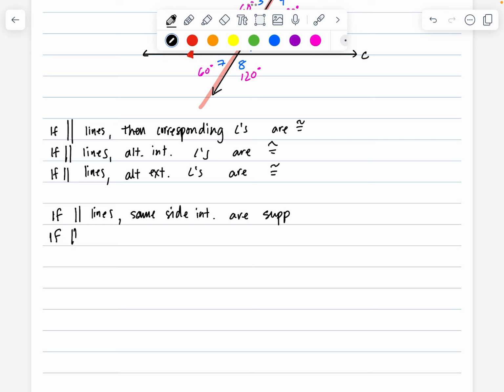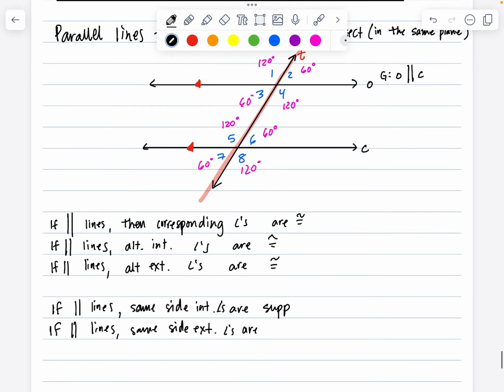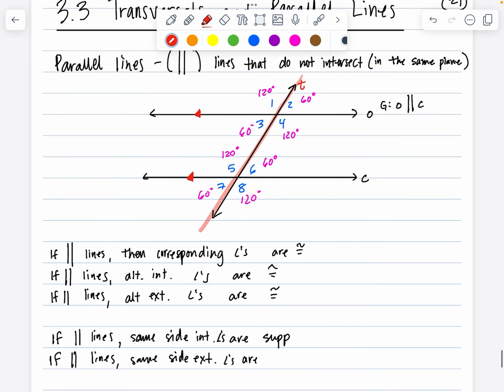And last but not least, if parallel lines, then same side exterior angles are what? Well, let's take a quick look. Same side of the transversal T, and exterior would be 1 and 7.